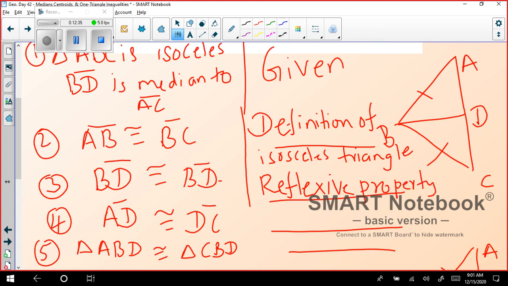Reflexive property of congruent segment, to be more accurate. And then you have AD is congruent to DC by definition of median. Okay, this is just definition of median. And as the majority of you pointed out, this is going to be SSS, triangle congruency.